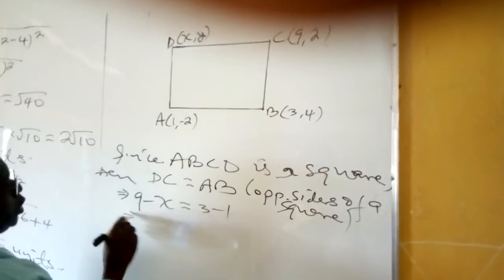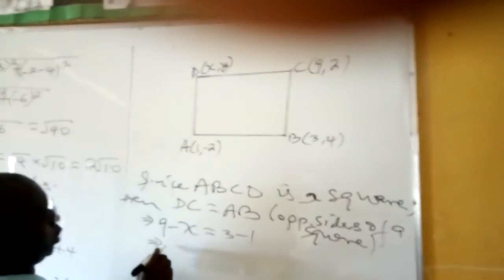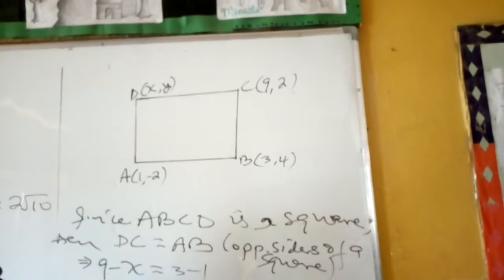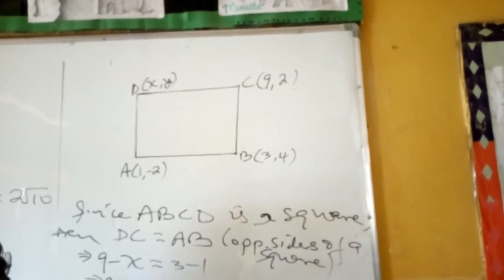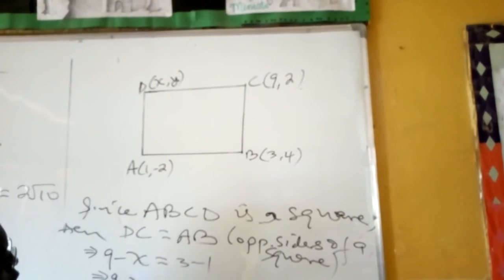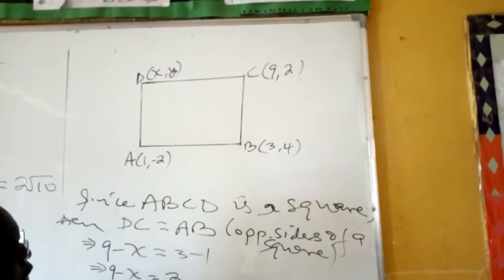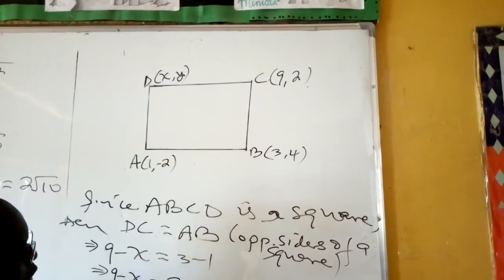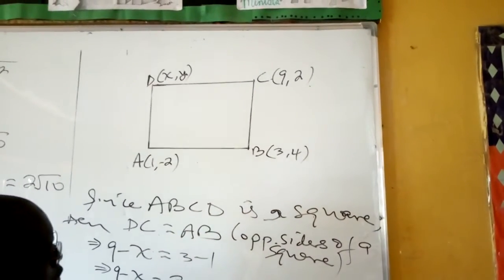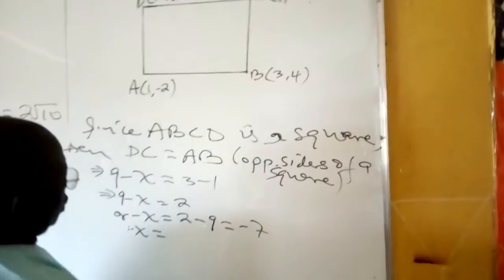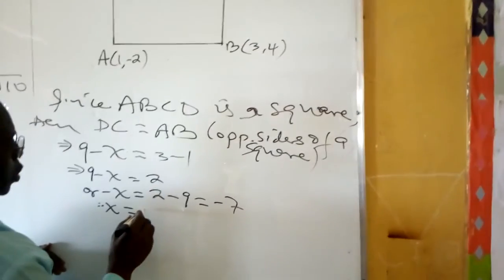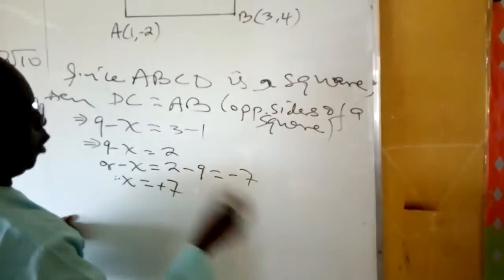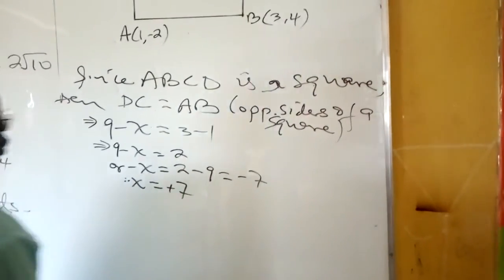So this means that 9 minus x is equal to 2, or minus x is equal to 2 minus 9. Take 9 across. So I have minus x equals minus 7 here. Therefore, x equals plus 7. I multiply through by minus. So x is equal to 7.